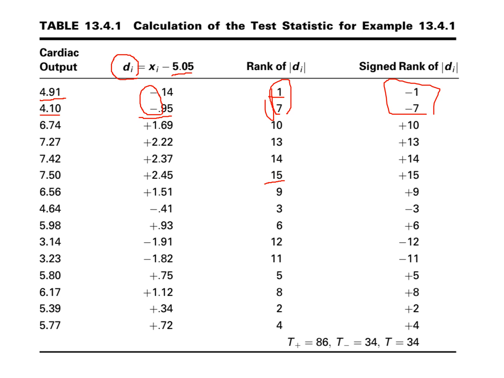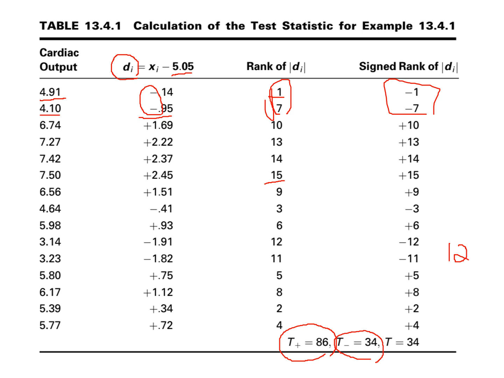So we add all the positive ranks, and T positive is 86. When we count how many minus, 1, 2, 3, 4, 5, the rank sum of the minus is 34. So we have to divide into two types of rank sum. If we add all the ranks here, it would be 120.